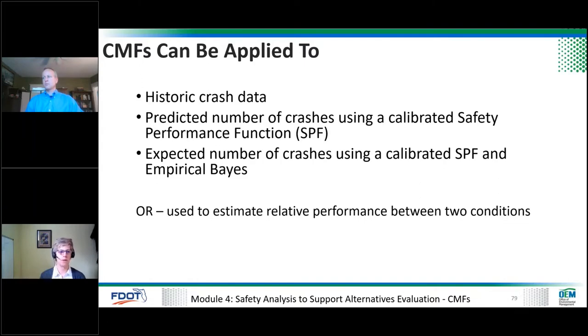Or you can just use the CMF and say, you know what, the CMF has a value of 0.58, so we would expect a 42% reduction between condition 1 and condition 2. So the takeaway here is they're multiplicative and they can be applied to historic data or your predictions.